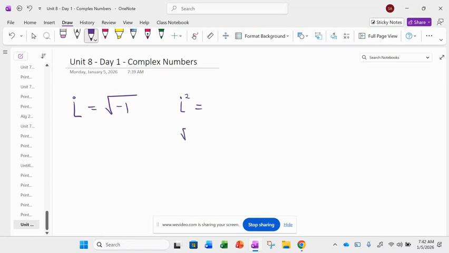Wouldn't i squared be the root of -1 times the root of -1, which is just -1? We're going to go to higher powers of i, just not today. For today, we just need to know i and i squared. So i represents the square root of -1. i squared is -1.